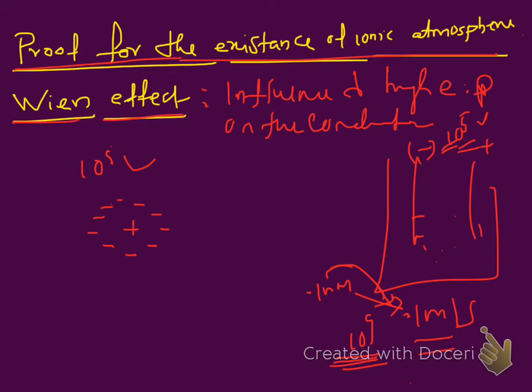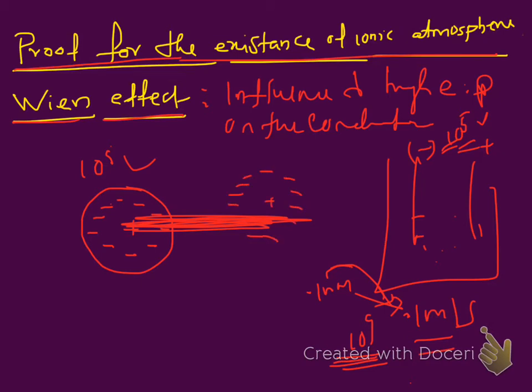But when this positive ion moves with high speed, in order to form an ionic atmosphere, a short time is required to order all these ions in a symmetrical fashion. Some time is required. That much time this positive ion should be stationary to form this ionic cloud.